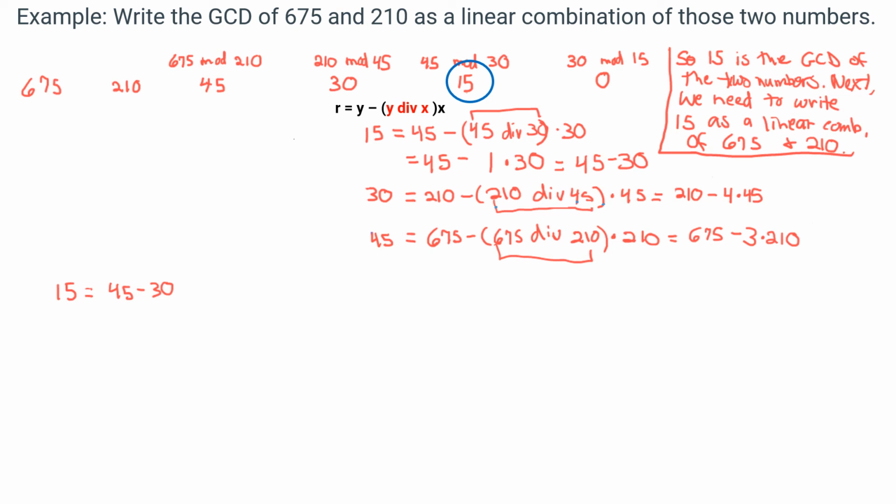So that's a linear combination of two numbers, but not of the two numbers we want. So we're going to use the next two equations, the one for 30 and the one for 45, in order to rewrite this simple 15 equals 45 minus 30 as a combination of the two numbers that we really want, which is 675 and 210.